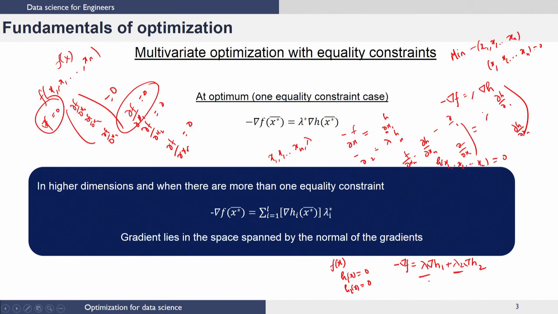In the one constraint case we simply said minus grad f equals lambda grad h. In this case this lambda grad h becomes a sum of lambda 1 grad h1 plus lambda 2 grad h2 and so on. Now, if there are three equality constraints then you would have three terms here, and if there are L equality constraints you will have something like this here, where this is a sum of L terms.